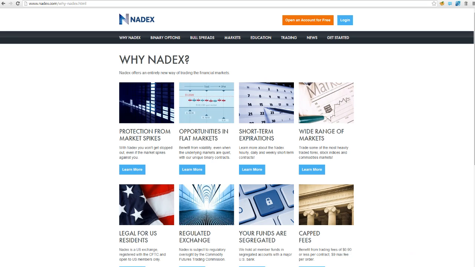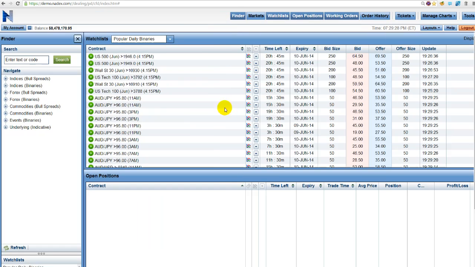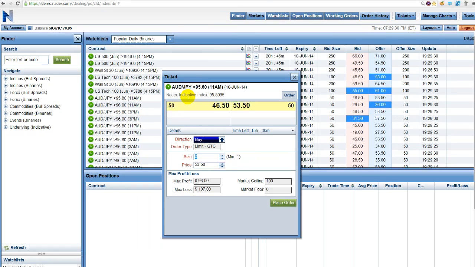And also to understand that on the platform, if we go over to Nadex itself, we look at it and we open up a contract and it has the indicative index here, that is not the official settlement. It's an index. Okay, it's using the same formula, but it's web-based. So it could have a couple seconds, milliseconds, whatever delay in it. So it's not the official settlement price.